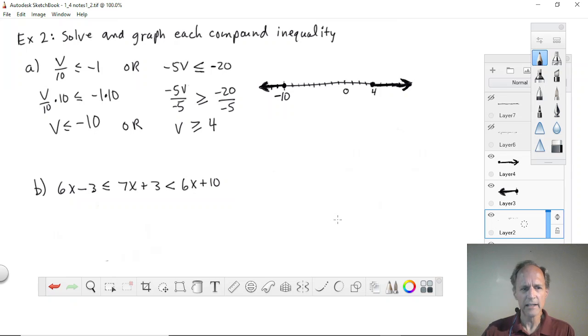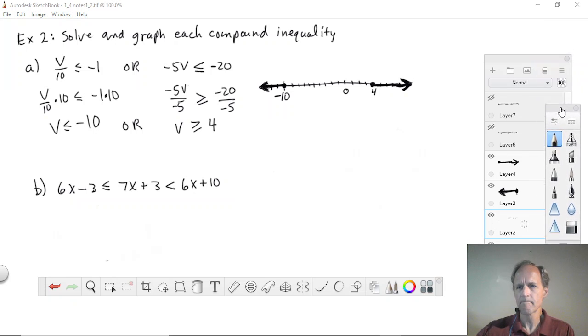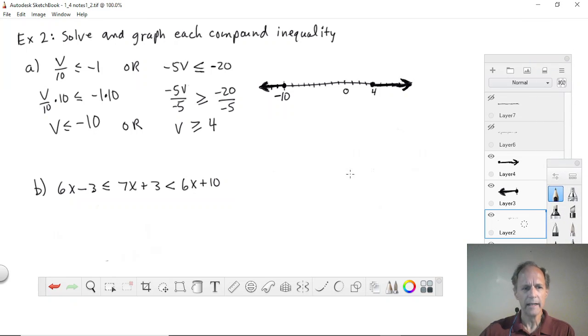So this is the last one. And this is another compound inequality. This is not or. Sometimes it's called two-sided or bracketed.